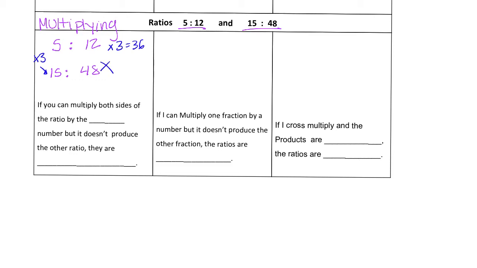So if I multiply both sides of the ratio by the same number and it doesn't produce the other ratio, so if I had multiplied it by 3 on both sides, it would have given me 15 to 36, which is not the same as that one, which means they are not proportional.